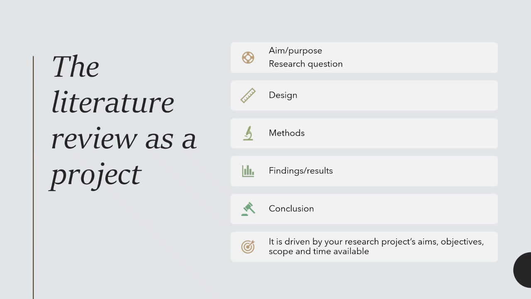The important thing also to remember is that if you do your literature review properly and have all these aspects well taken care of, your literature review can be seen or can be used as a publication from your thesis or your dissertation already.